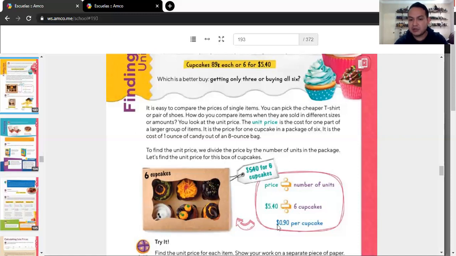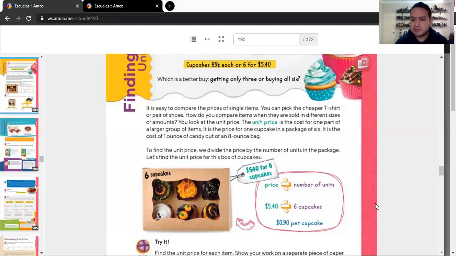The total is going to be 0.90. That means 90 cents per cupcake. Okay? That's all you have to do, just division. The price divided by the number of things that are in the package. And that's how you get the unit price.